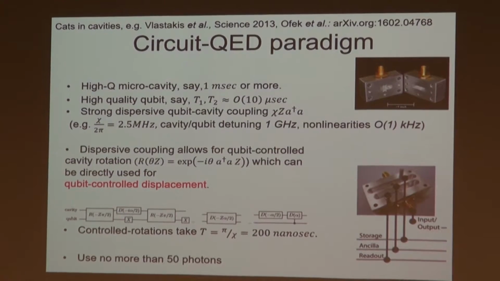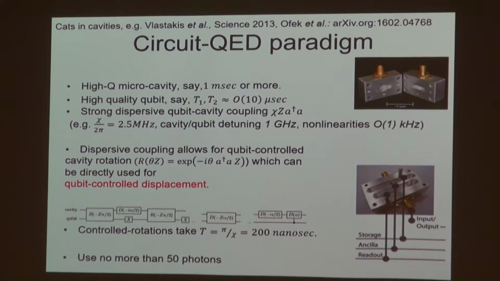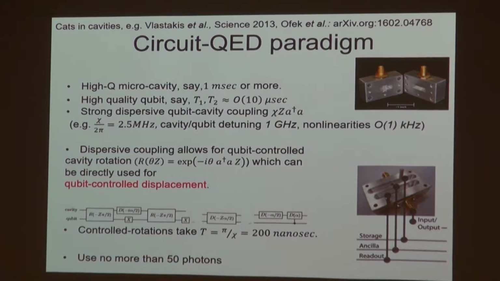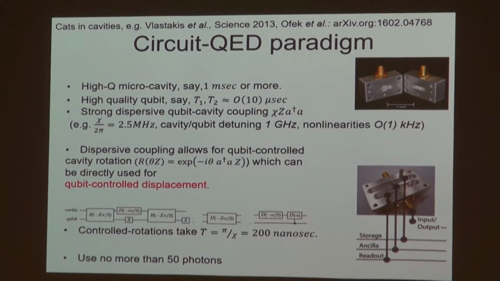Okay, so a few words about the circuit-QED paradigm, in the sense of what kind of tools I'm invoking. Because if you say, well, can we do this in ion traps or nanomechanical oscillators? Oscillators are all around us.